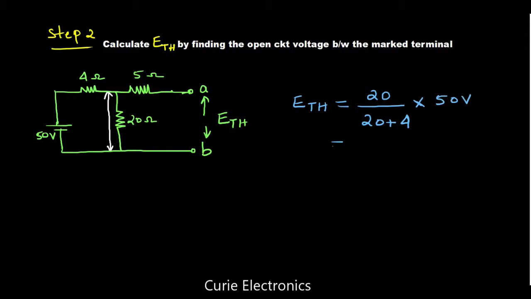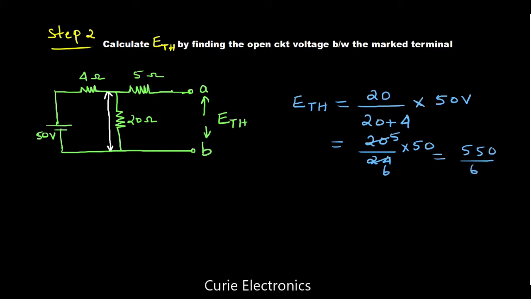So which equals 20 upon 24 multiplied by 50. Now we can divide by 4: 6, 5. So what do you get? 550 upon 6 we will get.